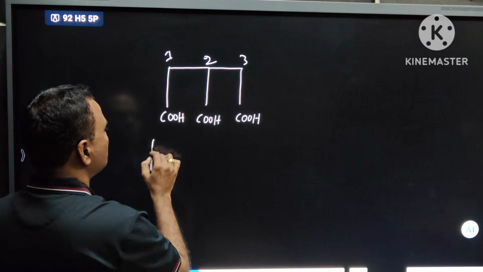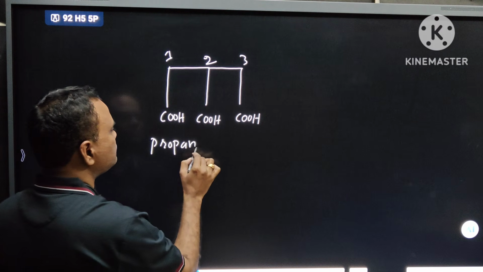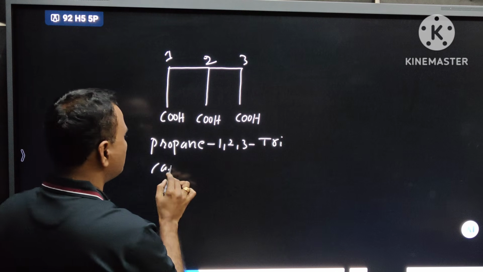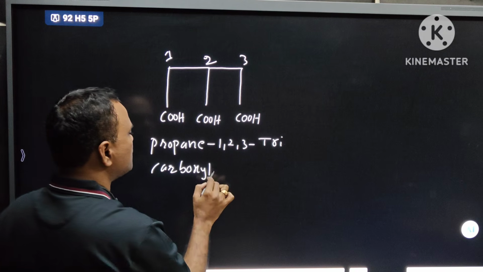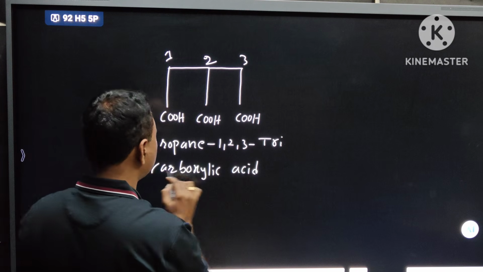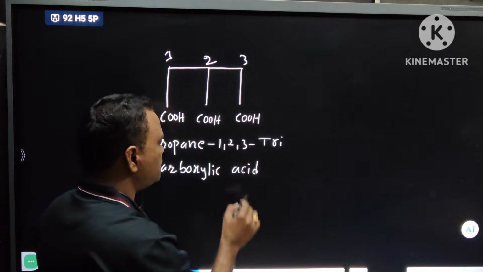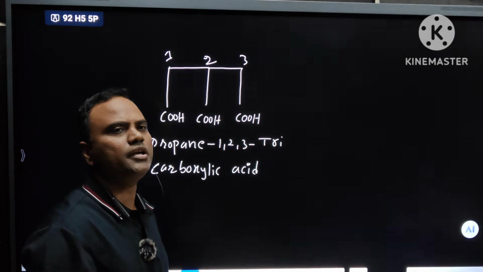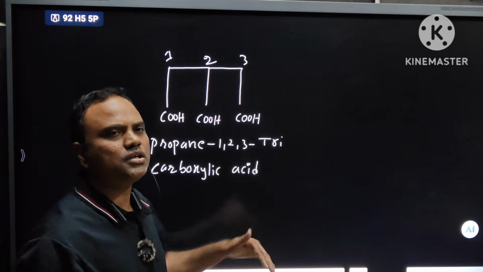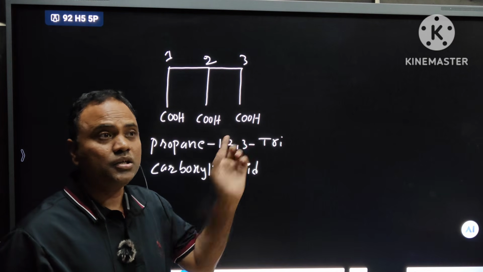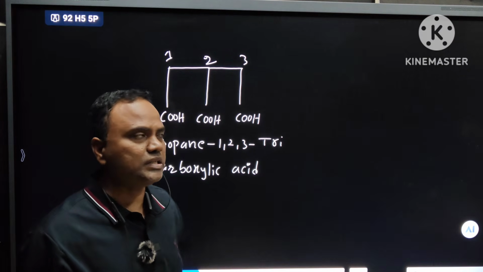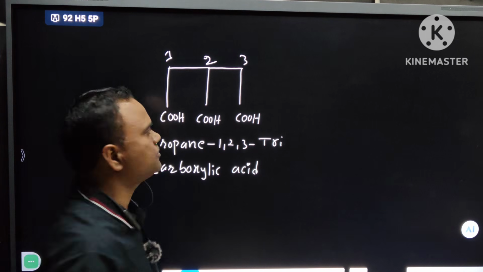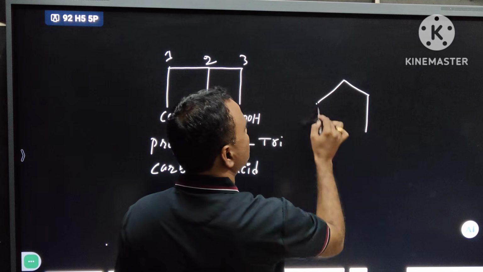Propane-1,2,3-tricarboxylic acid. Carbaldehyde, because it is an aldehyde, so carba plus aldehyde, carbaldehyde. Carba plus acid, carboxylic acid. This is an acid. Clear? Right. Now, tell me, what about this?